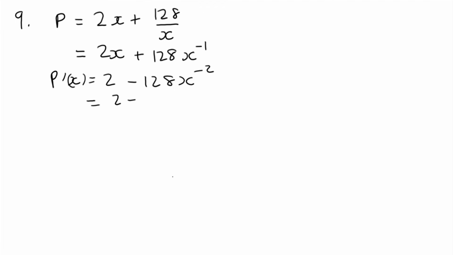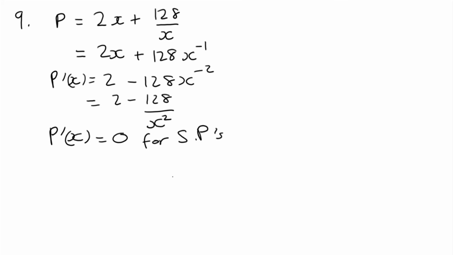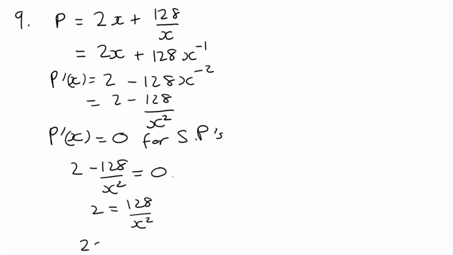And then tidy that up because we're going to sub some stuff in, so you want it nice. Okay, just always mention that P dash of x equals 0 for stationary points. And then we'll put it equal to 0. Now you can multiply your x squared up. So 2x squared equals 128.